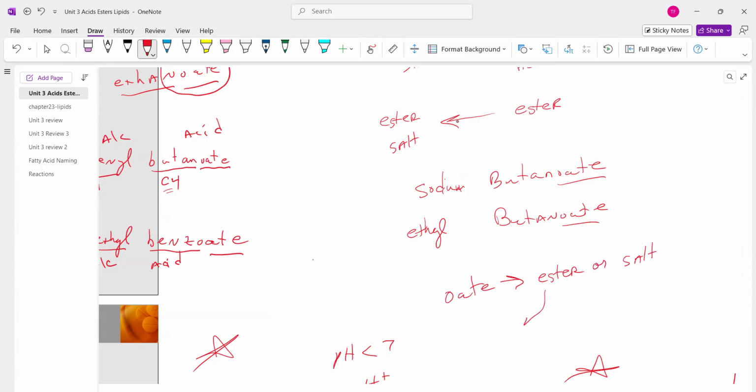An ester is going to have an alcohol in front, and a salt is going to have a cation in front, usually sodium or potassium. So sodium benzoate, sodium automatically means this is a salt. Ethyl is an alcohol, so that means that's an ester.